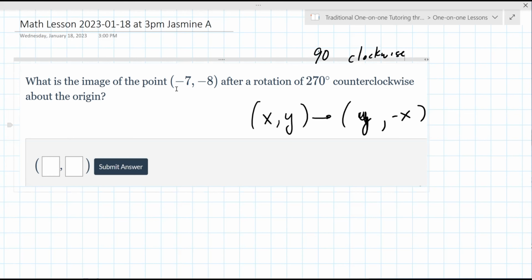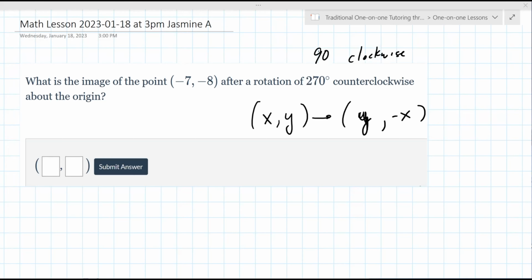Okay, so if you have the formula, you're basically done here. Let me see if I can find a rotation formula sheet. Here it is.